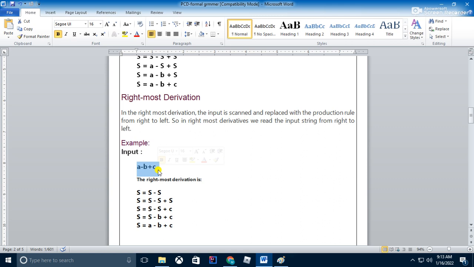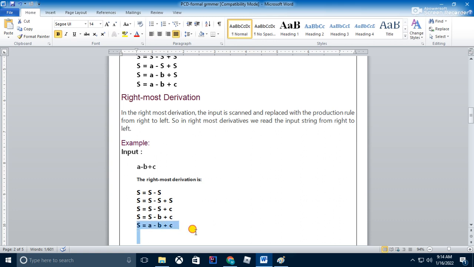To obtain this input string, we replace by taking the rightmost order of derivation first, the rightmost symbol, that is S. We replaced this one with c, and then with b, and then with a.